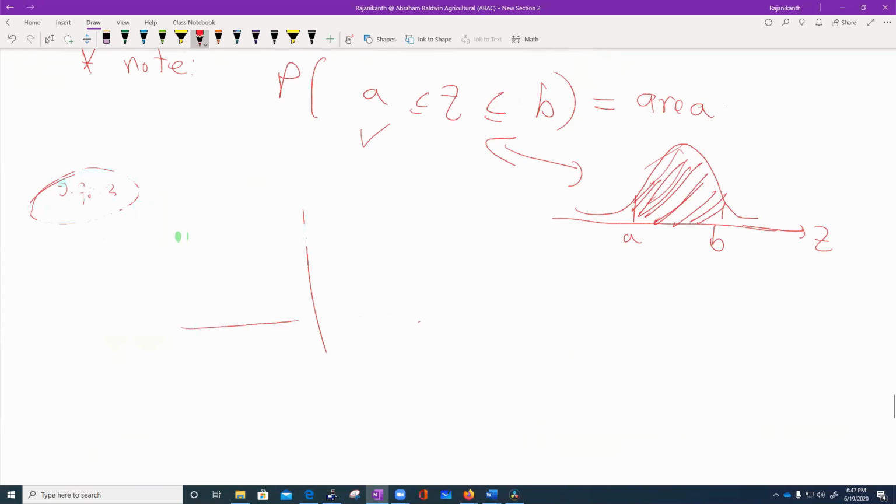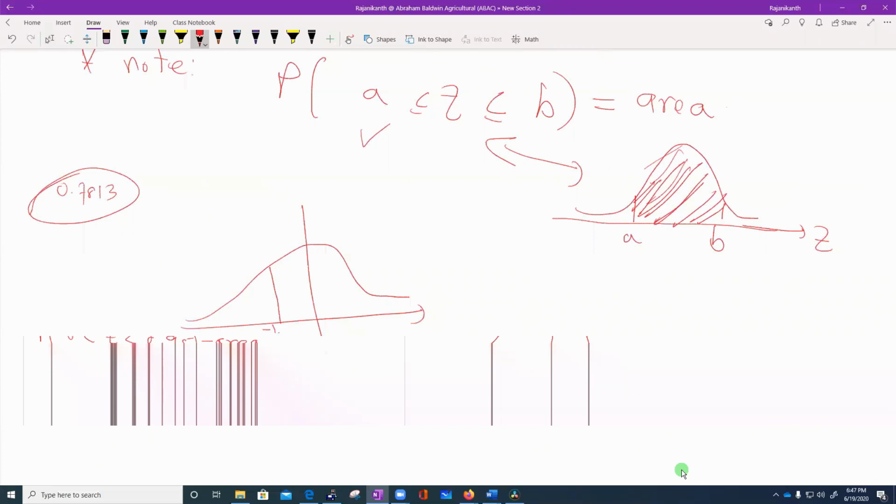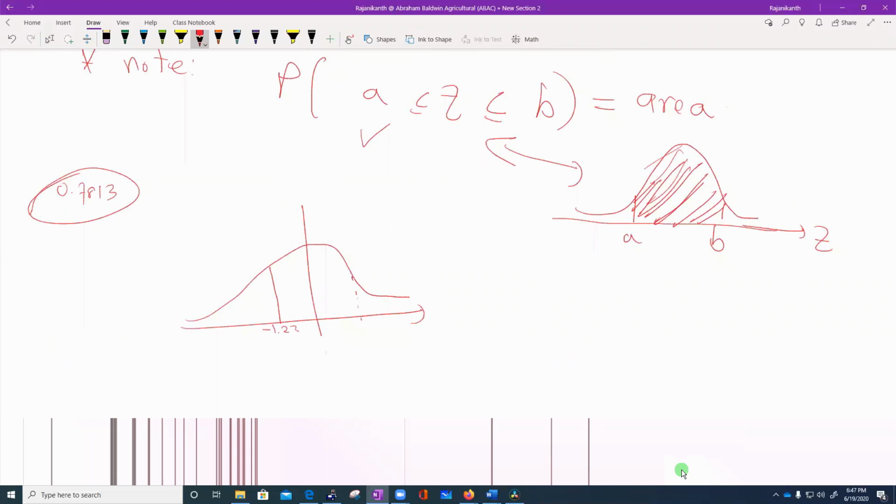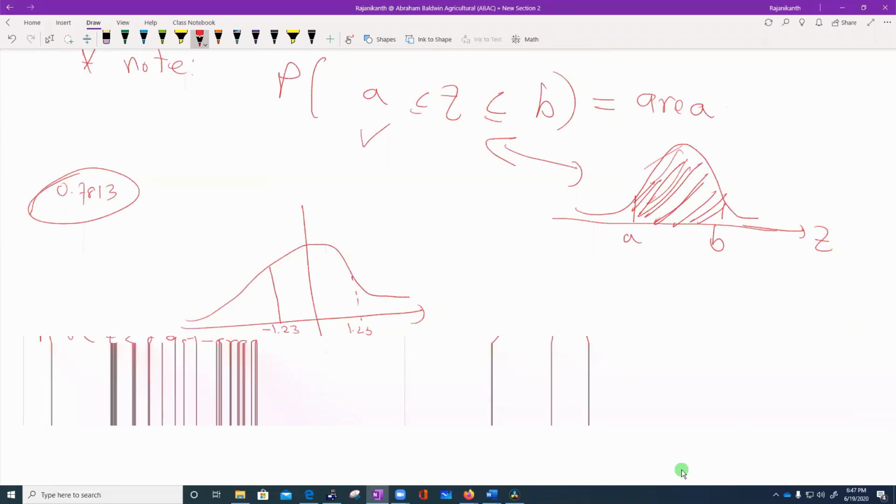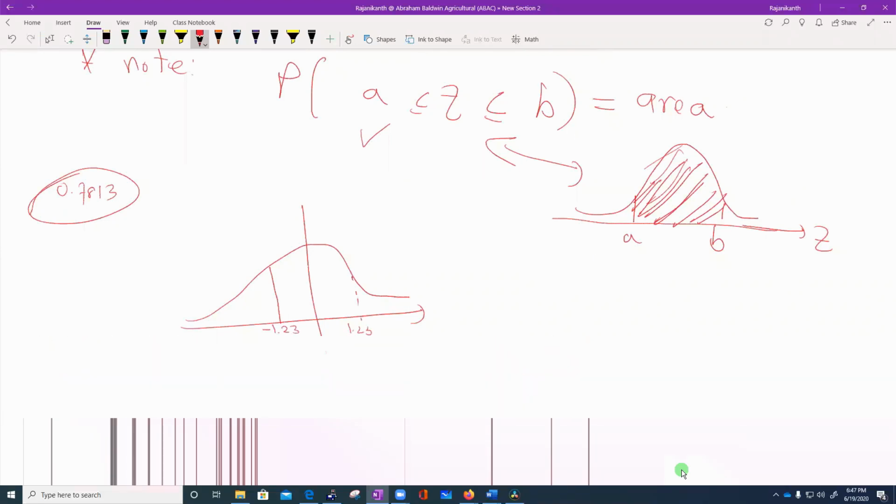What are the values I gave you? Could you remember? 1.23 to positive 1.23, right? Oh, okay, yes, sir. Sorry. Now this is the area I asked you to find, right?